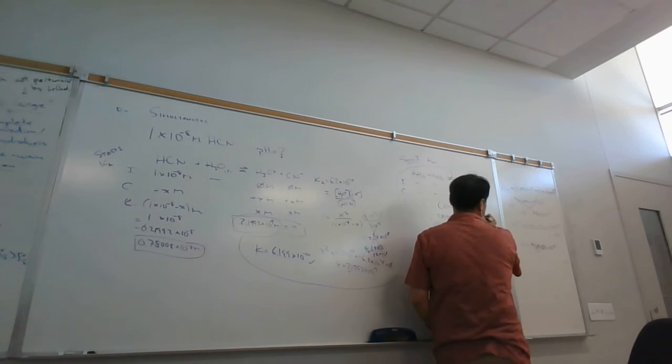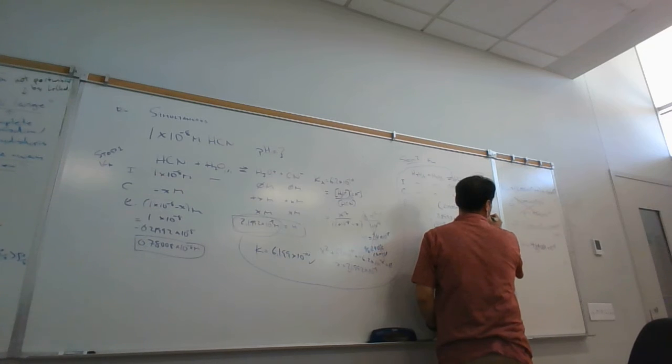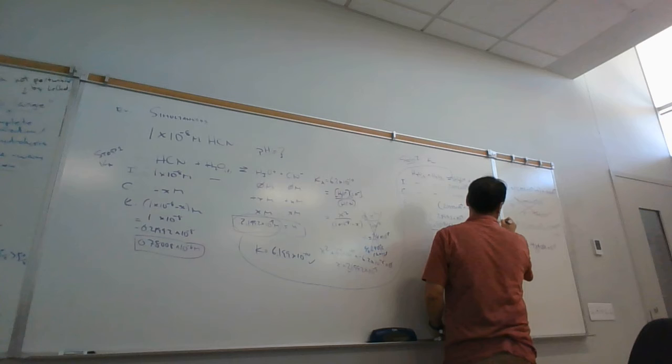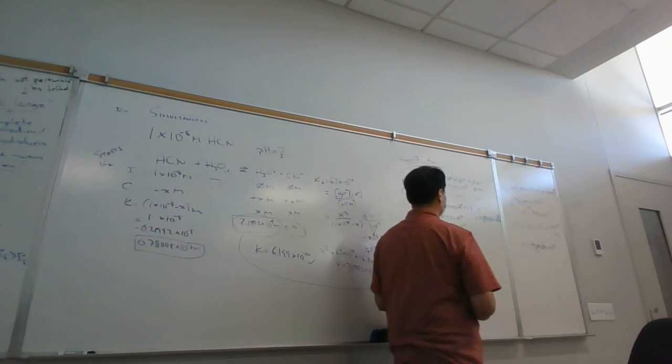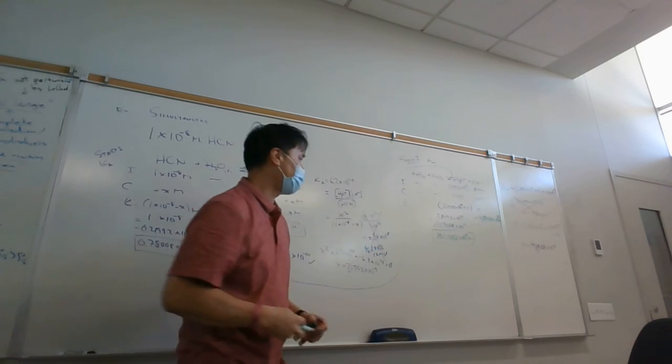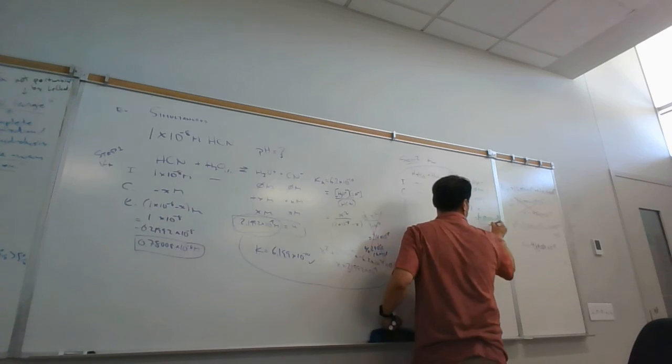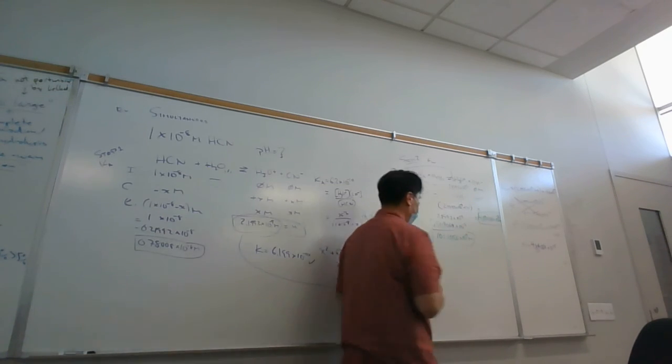And the hydroxide here is going to be 9.89064 times 10 to the minus 8 molar. Okay, let's check K to make sure we didn't make any calculation errors.